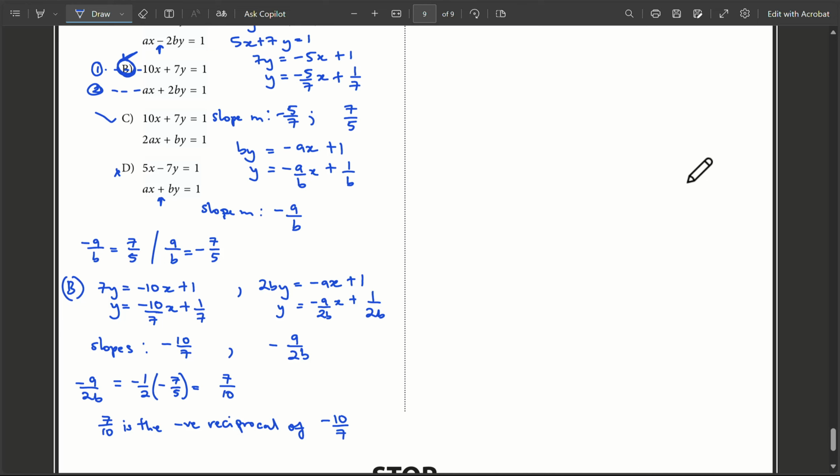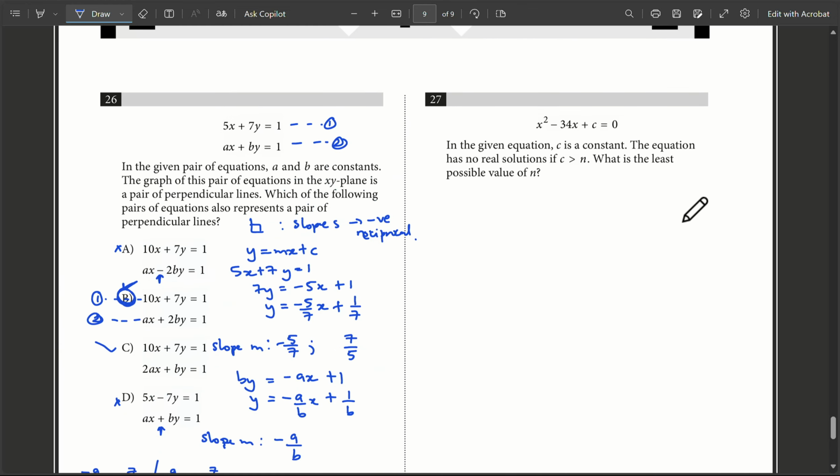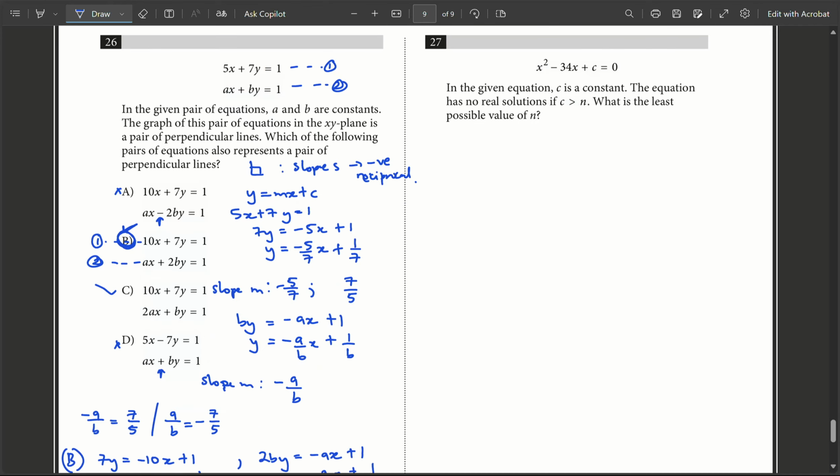Okay, so now moving on to number 27, we have x² - 34x + c = 0. In the given equation, c is a constant. The equation has no real solutions if c is greater than n.